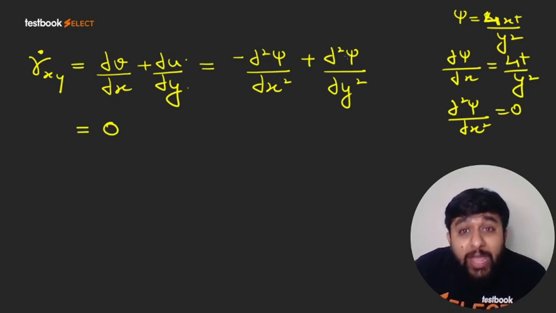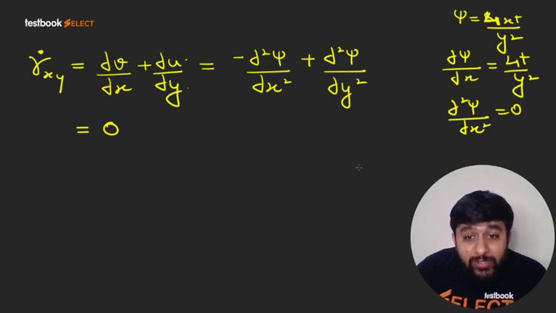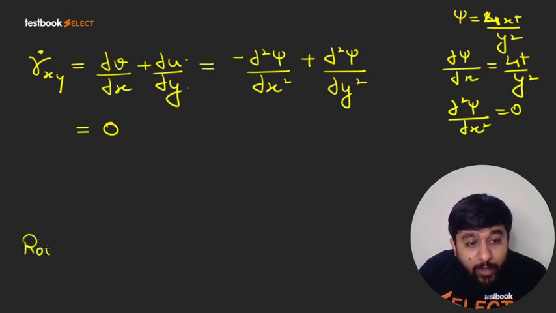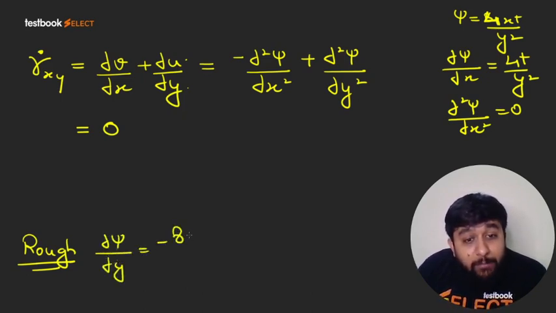But if you do del square psi by del y square, please check. Let me do the rough work here. Psi is equal to 4xt by y square. If I do one derivative with respect to y, it will become minus 8xt by y cube.